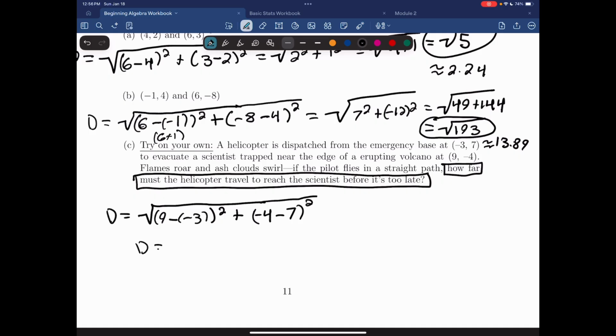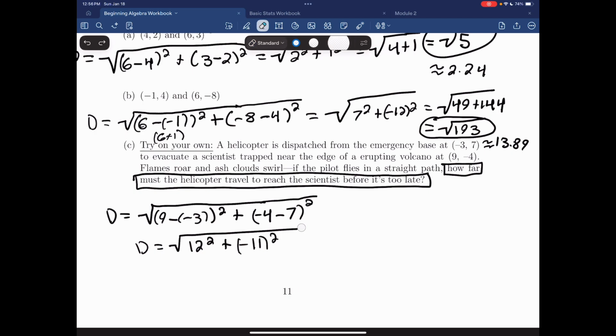So we get d equals 9 minus negative 3 becomes 9 plus 3, which is 12 squared. And then we get plus negative 4 minus 7. That's going to be negative 11. So we get negative 11 squared. 12 squared is 144, and 11 squared is 121.